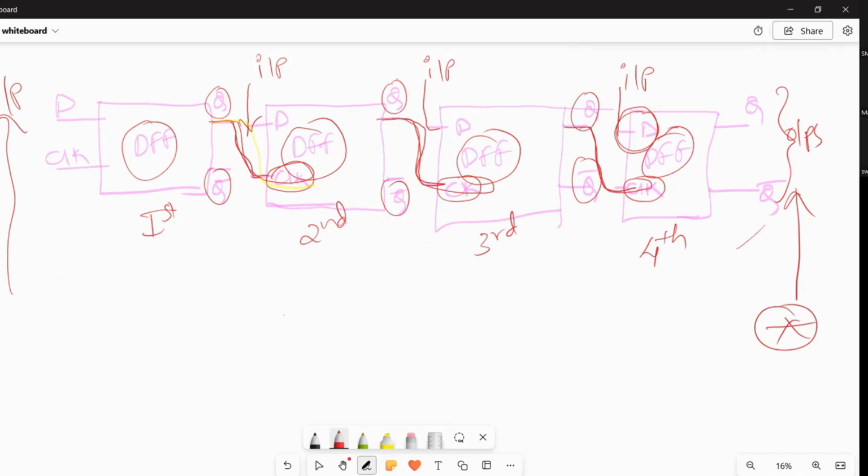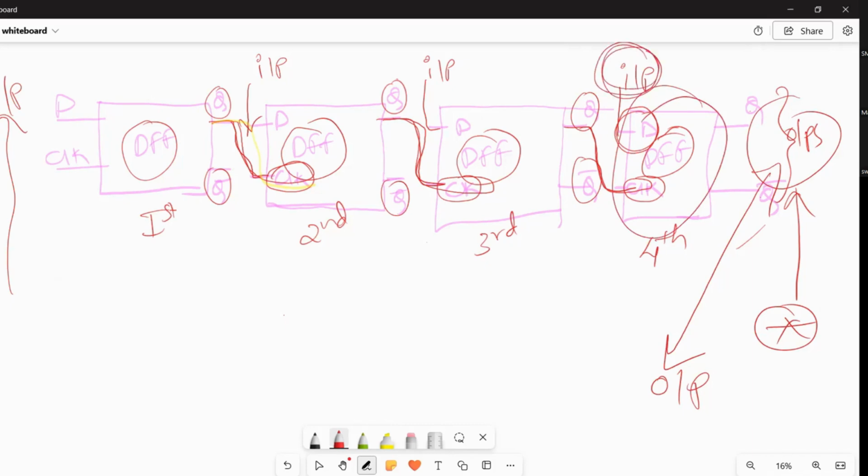Okay. See, to get the output here, where is the output? At this point. To get this output, it not only depends on its particular input. Where is that? This input. Not only depends on this input, but its previous stage. That is third stage flip-flop output.